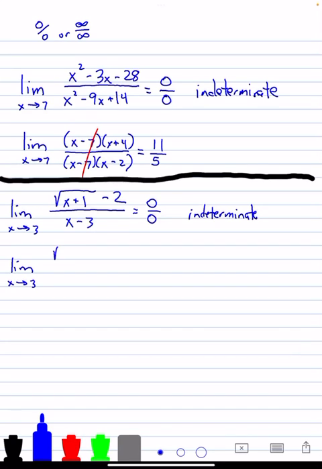Now, if we remember, we have to multiply top and bottom here.